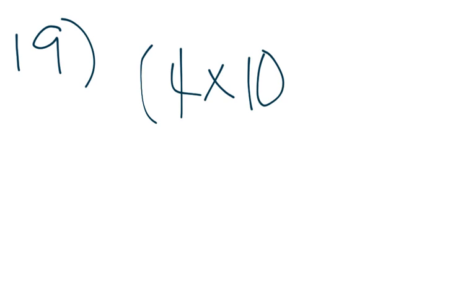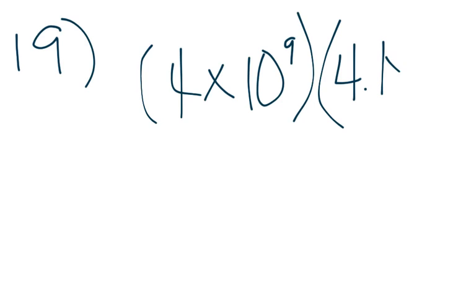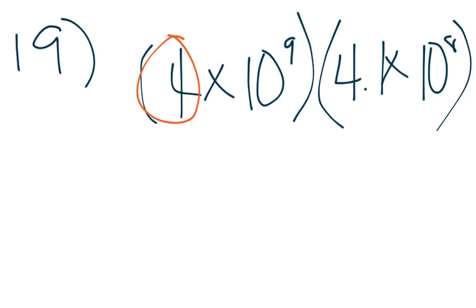Number 19, we have 4 times 10 to the 9th power times 4.1 times 10 to the 8th power. Okay, so once again, we have our big numbers that we want to multiply together, and then we have our little exponents.